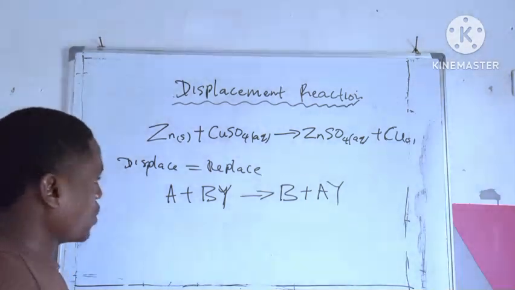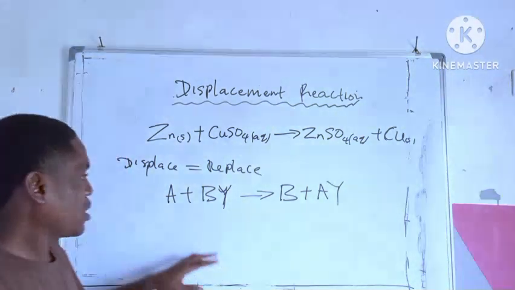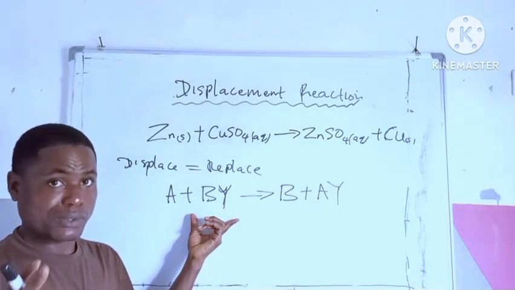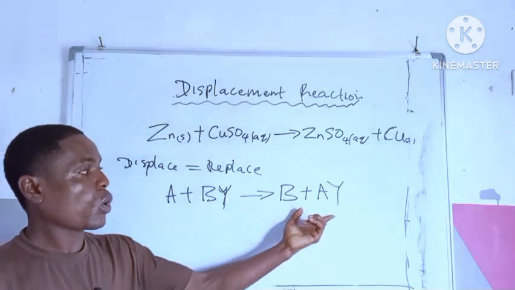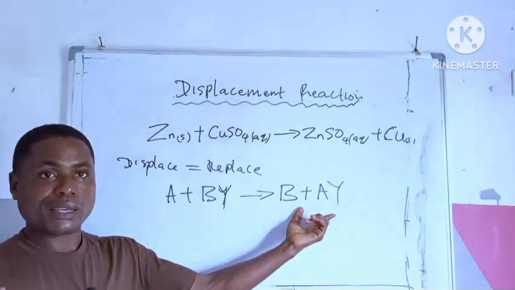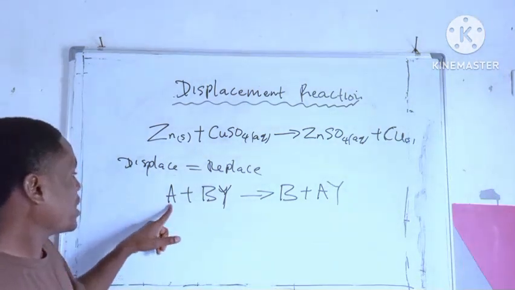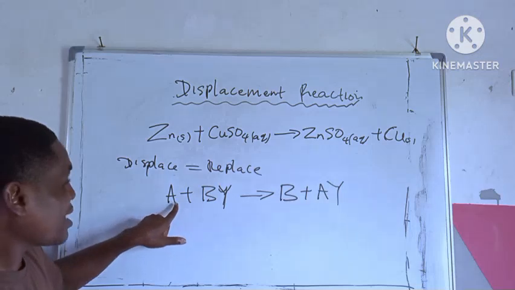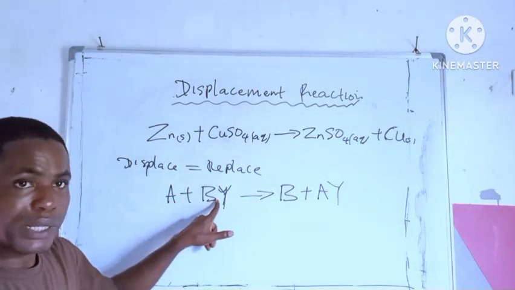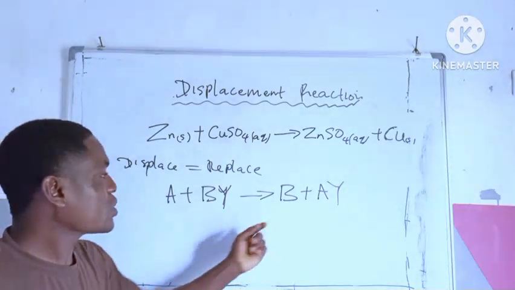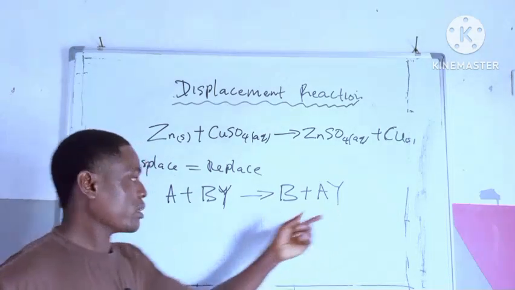Now let me explain. We notice that the ones on the left side are called the reactants, while the ones on the right side are called the products. Here we have the reactants, A reacting with BY, but you notice that we have exchanged something here.